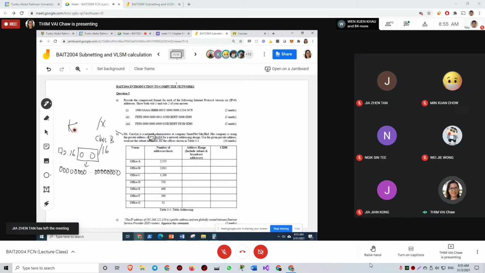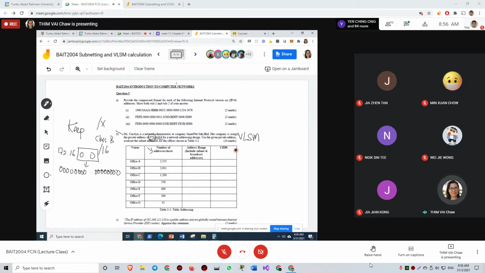Always think about keep. And I wanted to tell you that this question didn't tell you whether to use classful or VLSM, but because each of the offices has a different number of usable host addresses, in this question you should use VLSM.